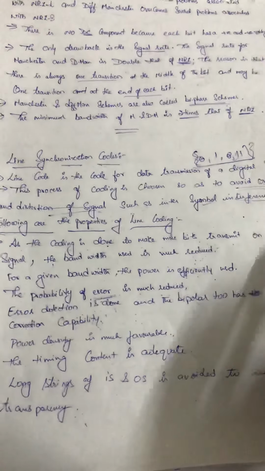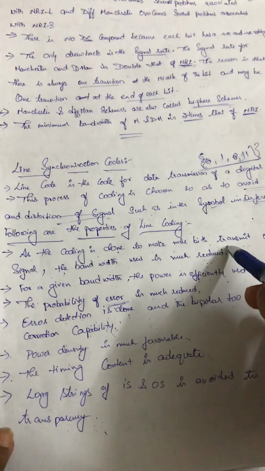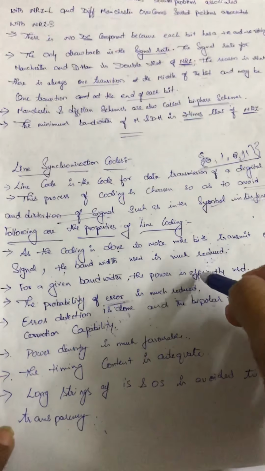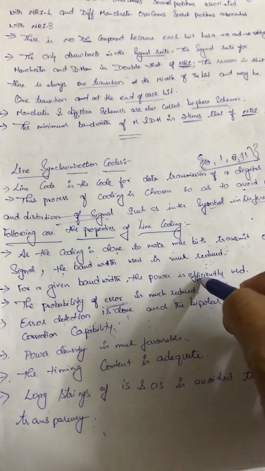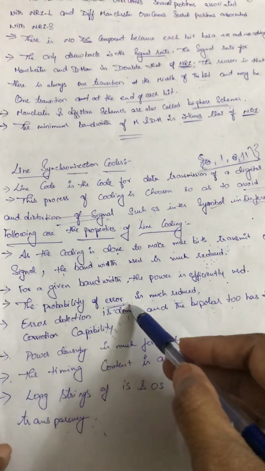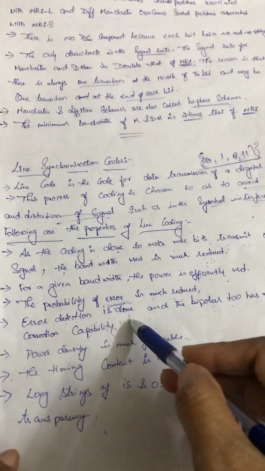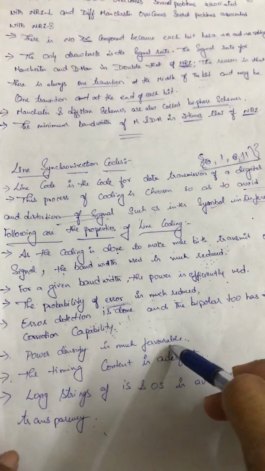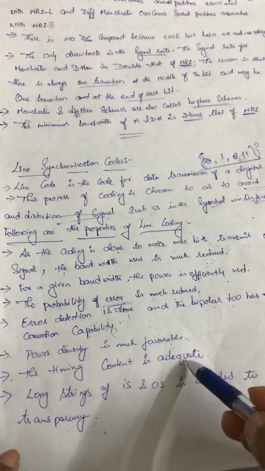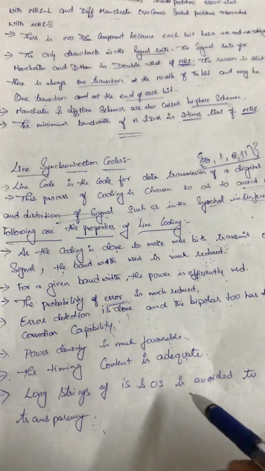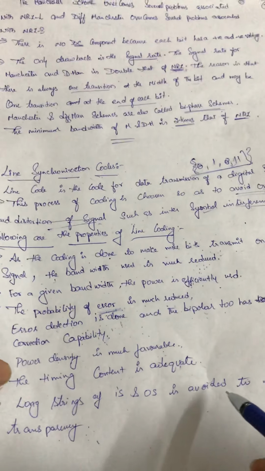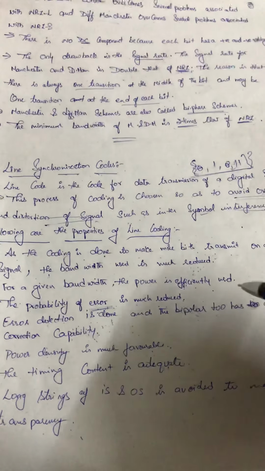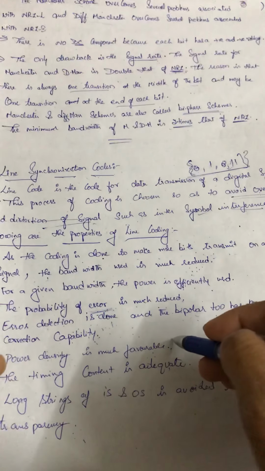So the properties are: more bits can be transmitted in a single signal, bandwidth is reduced, power is used efficiently in a given bandwidth, probability of error is much reduced, error detection and correction capability are there, power density is favorable, timing content is adequate, and long strings of zeros and ones are avoided due to transparency. These are all the properties of line coding.